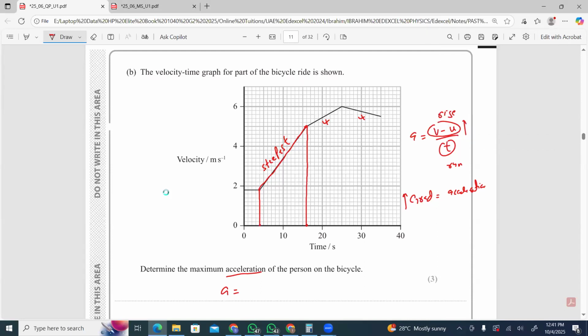And just need to write down the answer like it's going to be 1.6, 1.1, 1.2, 1.4, 1.6. Yeah, 1.6. And this is going to be 5 minus 0.